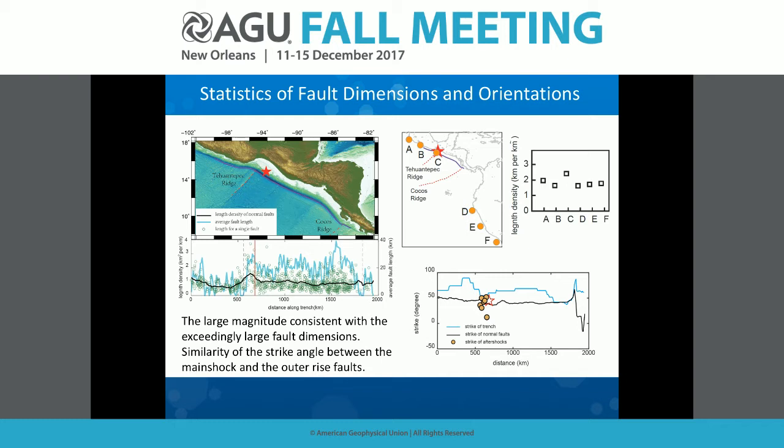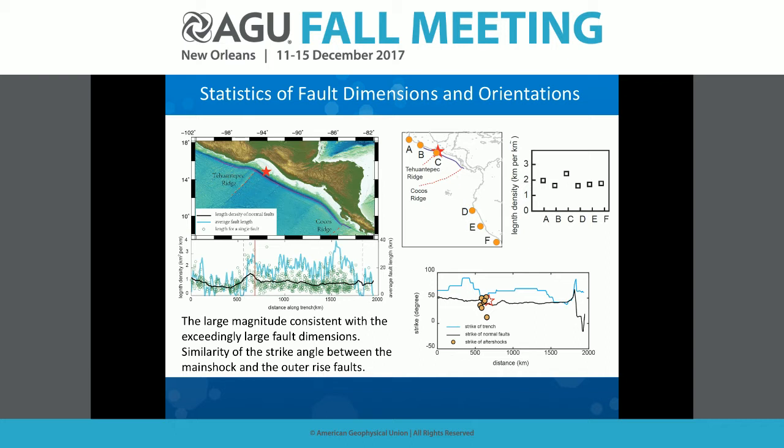This is the density of the fault along this Mexican or Central America subduction zone. And this black line here really shows that you see a peak of this fault density around the location of the 8.2 event. So that really supports the idea that if you have more of these normal faults, you probably get a larger one.